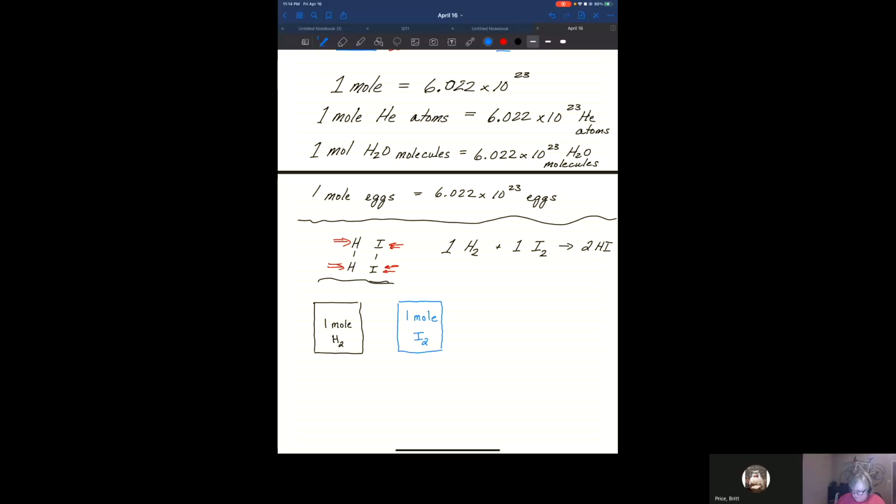So all of a sudden, I've gone from just a single H2 to now having a box. Well, 1 mole of H2 is 6.02 times 10 to the 23rd power individual molecules. I have the same thing going on with the I2.